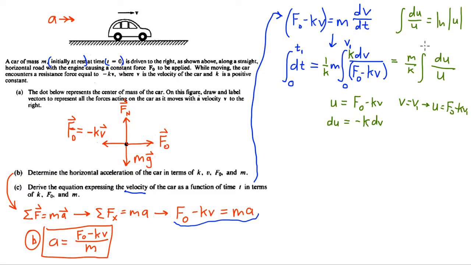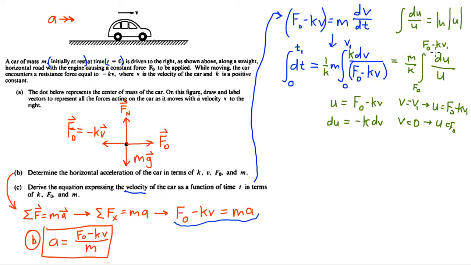My upper limit here is f naught minus kv1. It's okay to leave it like this without saying what it's equal to, because this is in fact u. By default, whatever you're integrating to is what you're substituting in as. And then at the bottom, the lower limit of integration, v equals 0, gets us to u equals f naught. So down here I'll write f naught.